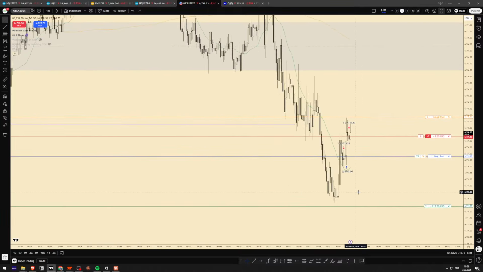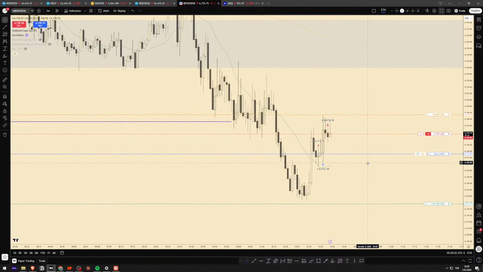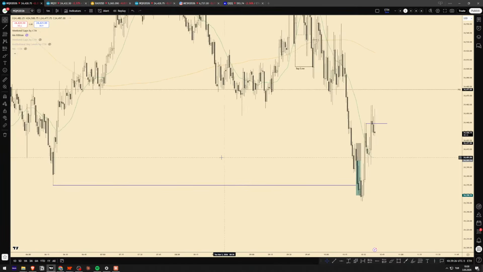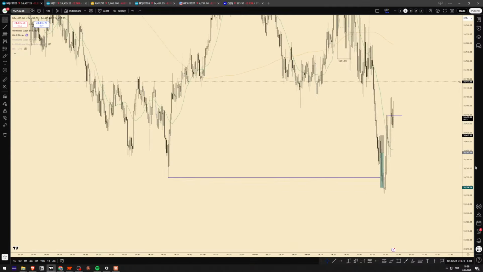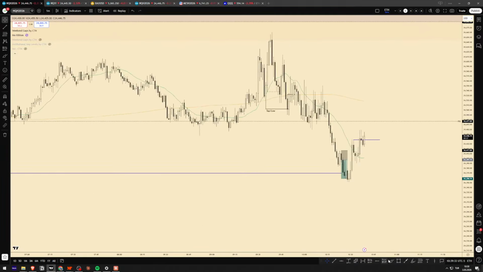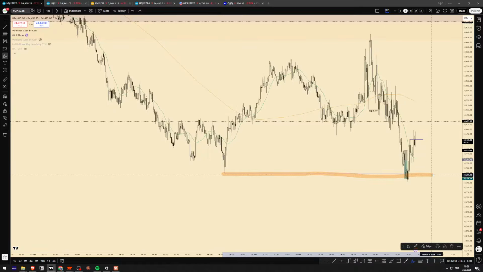When you look at the ES chart, structure seems solid and valid, but when I look at the Nasdaq, I don't know, Nasdaq seems kind of strong, and I feel like this was not a real bearish momentum, and this was just a fake movement to sweep this over here.